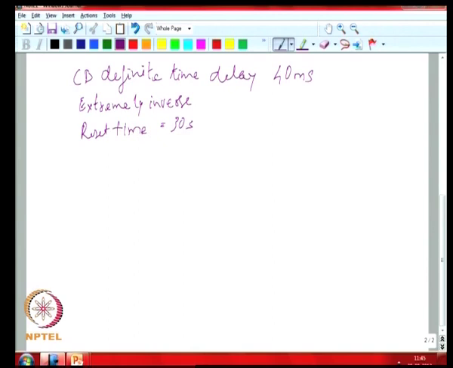We mentioned that the I square t for the conductor in zone 1 is 2 into 10 to the power of 6 ampere square second, and for conductors in zone 2 it is 1 into 10 to the power of 6 ampere square second.